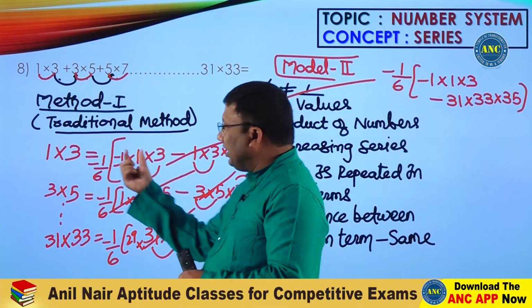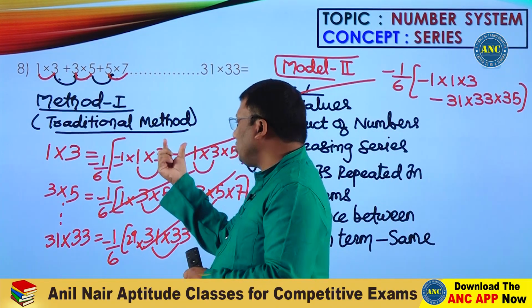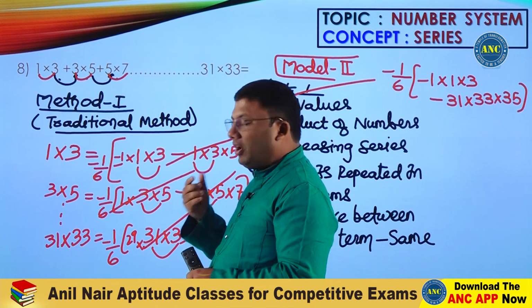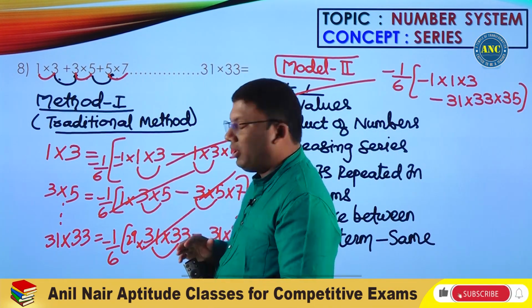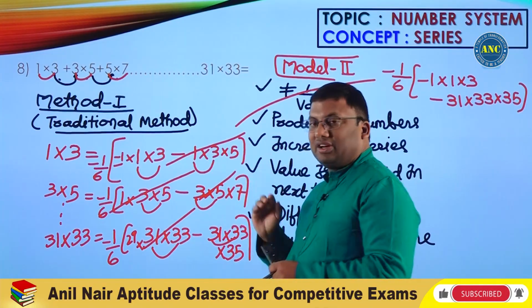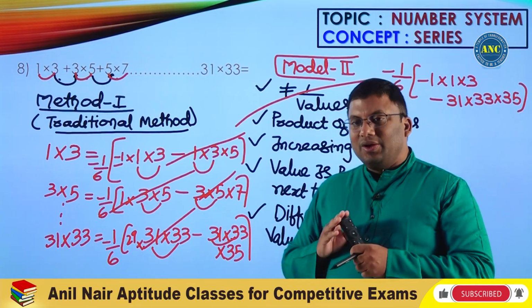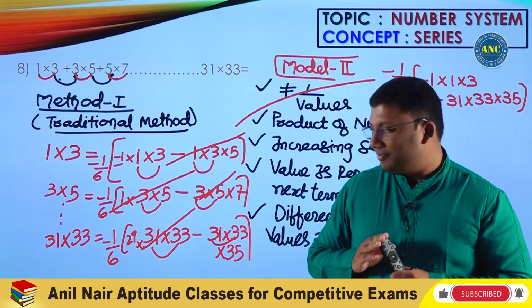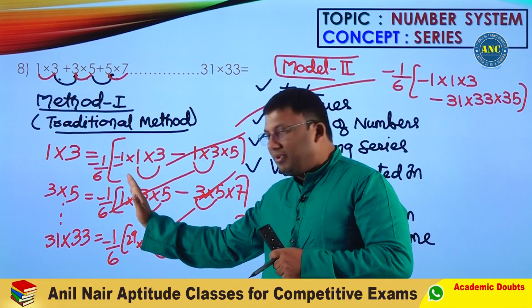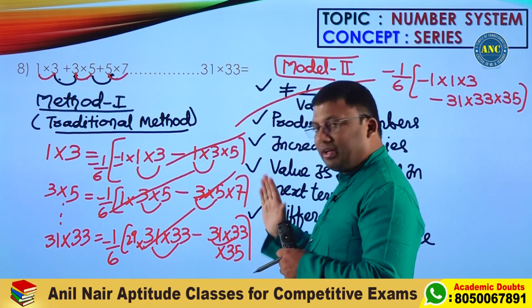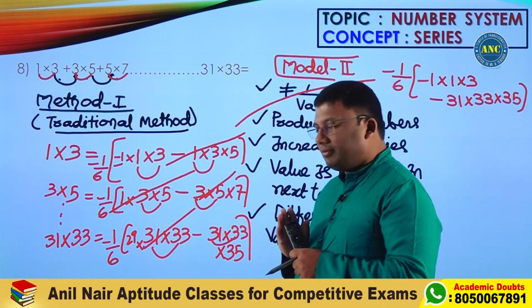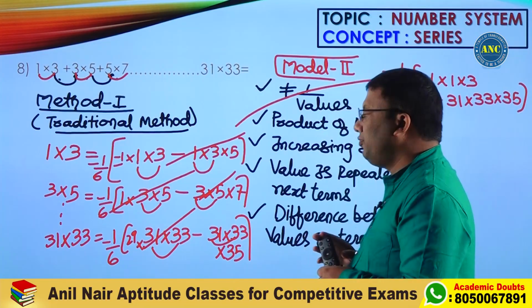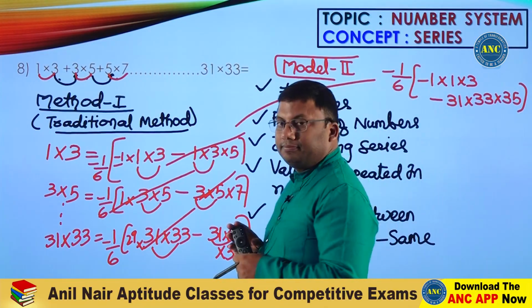What did I do? It is 1 and 3. Write 1 and 3. The difference of 1 and 3 is 2. Go 2 units before 1, go 2 units after 3. 2 units before, 2 units after.